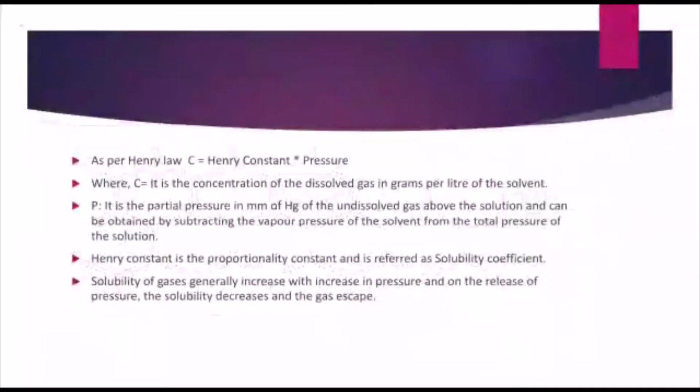As per Henry's law, C, the concentration of dissolved gas in gram per liter of the solvent, is equal to Henry's constant into partial pressure. So what is P? It is the partial pressure, in terms of mm of Hg, of the undissolved gas above the solution, and can be obtained by subtracting the vapor pressure of the solvent from the total pressure of the solution.